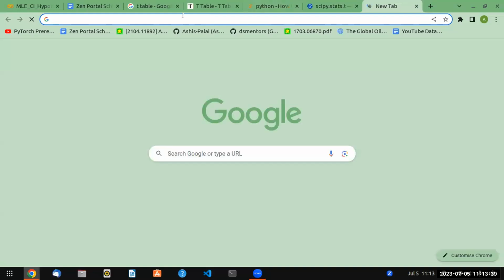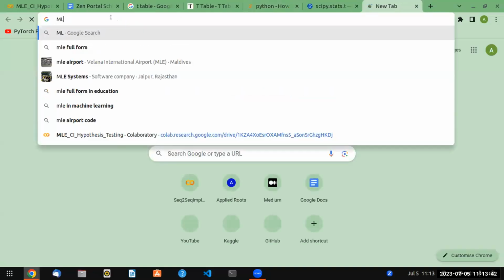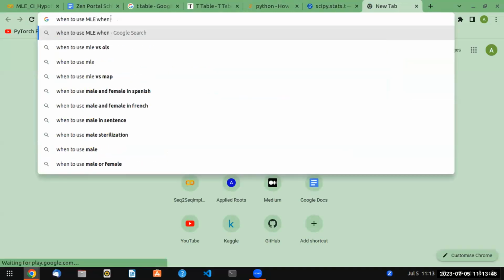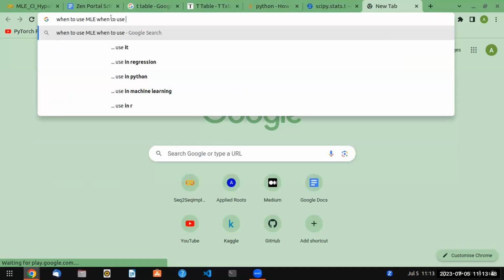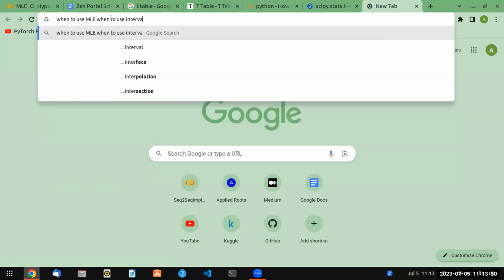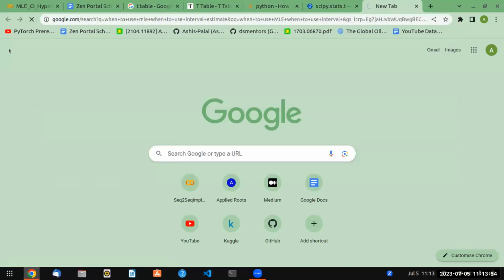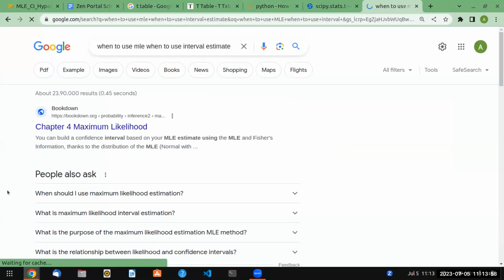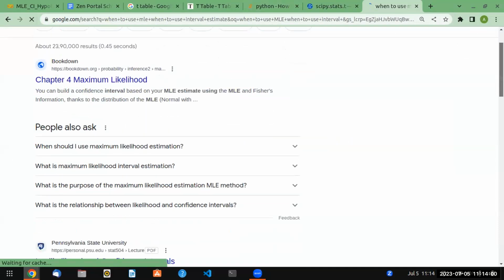I don't know about my data, but still I know the distribution of my data. Like my data was following a uniform distribution or a standard distribution. That time I can use the MLE, right? I know the distribution, but I'm not sure about the confidence interval.